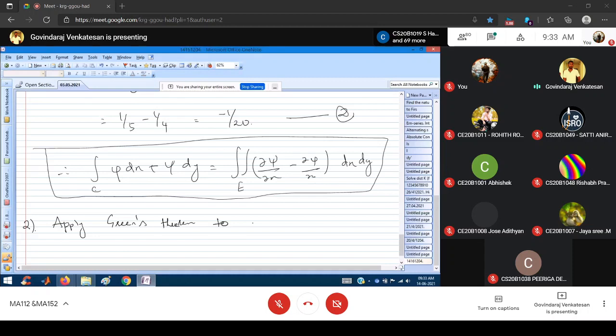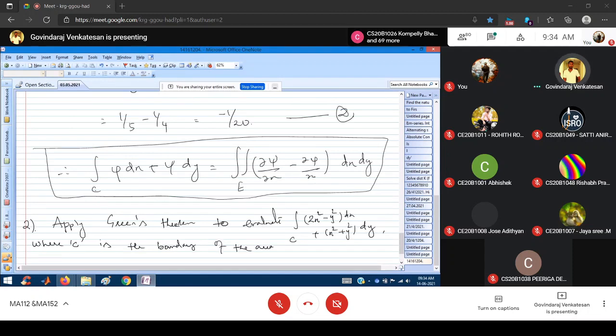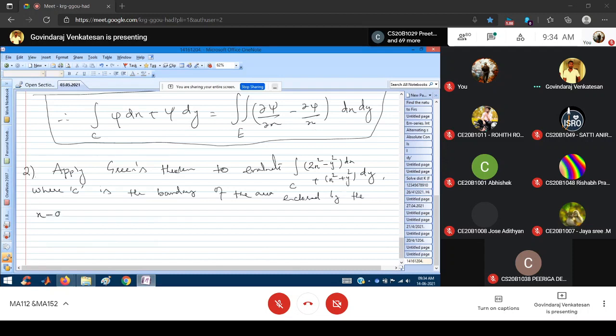Applying Green's theorem to evaluate the integral over C of 2x square minus y square into dx plus x square plus y square into dy, where C is the boundary of the area enclosed by the x-axis and the upper half of the circle x square plus y square is equal to a square.